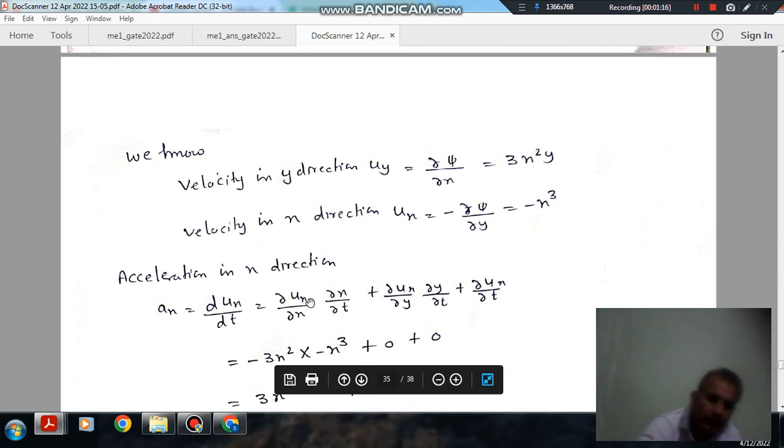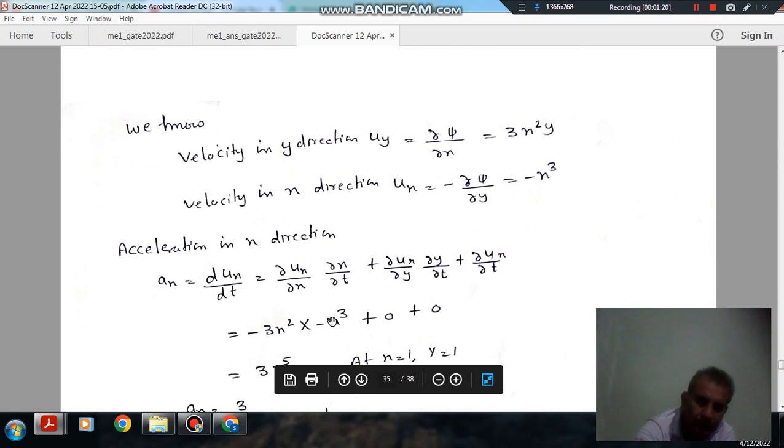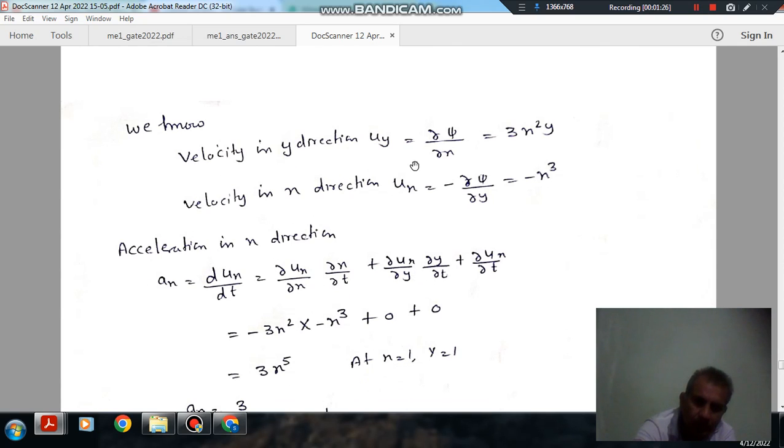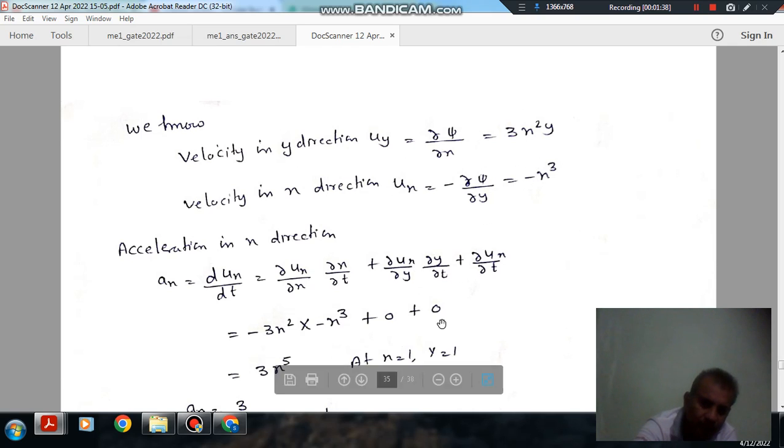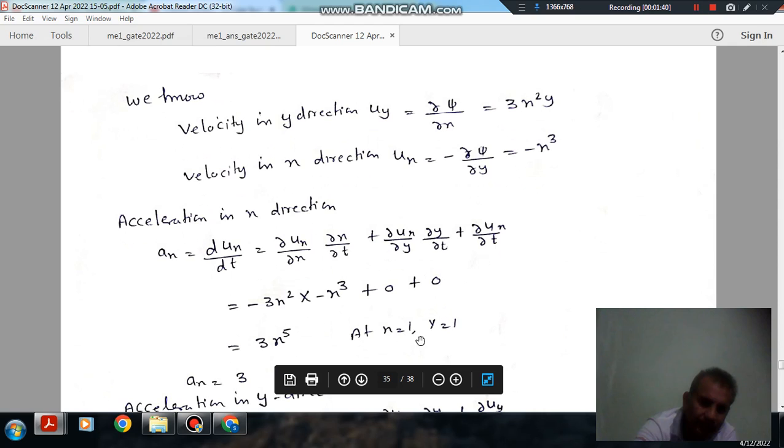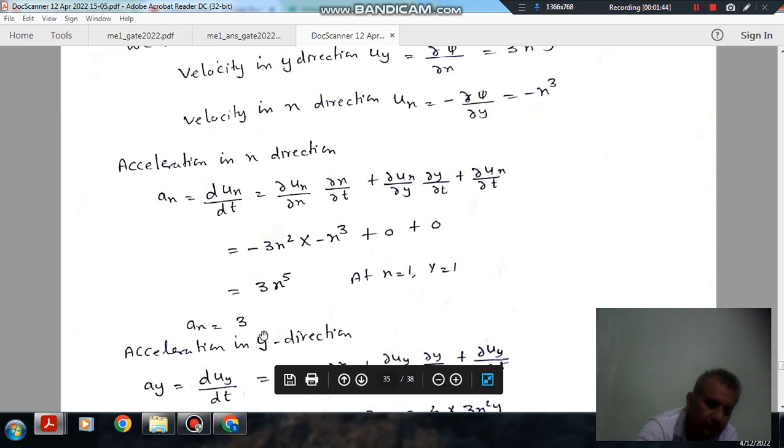So partial u_x by partial x is 3x square, okay, and partial x by partial t is just u_x. u_x is not a function of y, so this term will be 0, and u_x is not a function of t, so this term will be 0. So at (1, 1) the a_x will be 3.